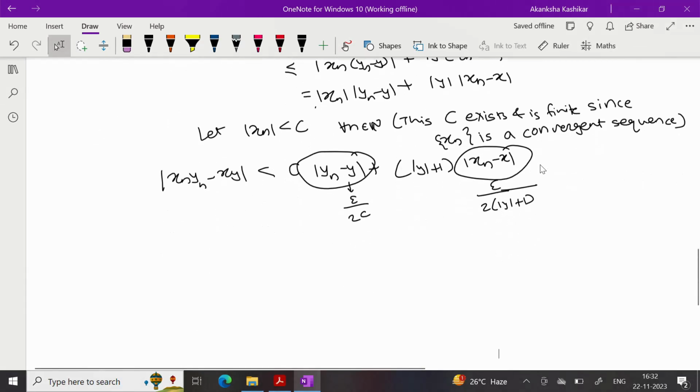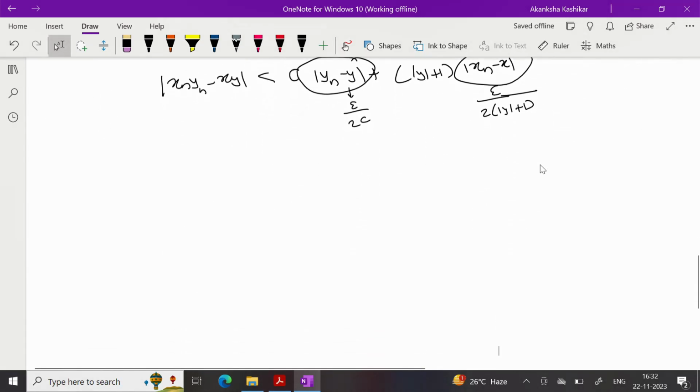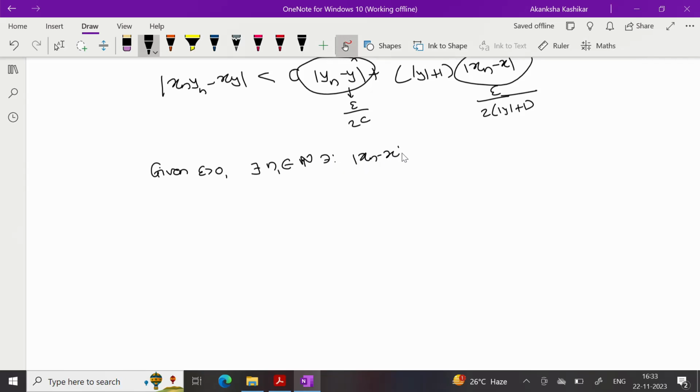How would the textbook proof look like? Let me write the formal proof now. So given epsilon greater than 0, there exists n1 in n such that mod xn minus x can be made less than epsilon upon 2 times mod y plus 1.